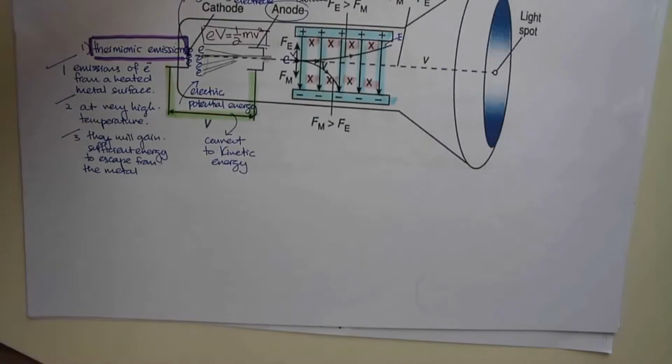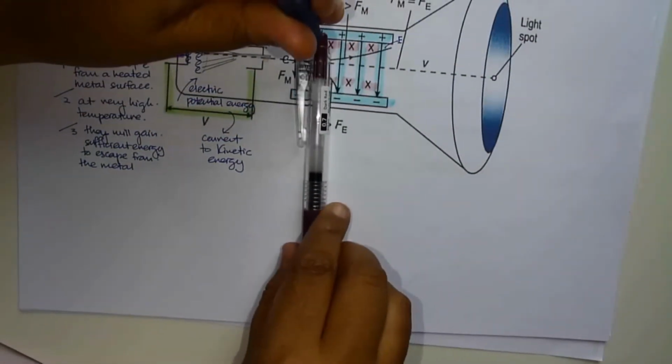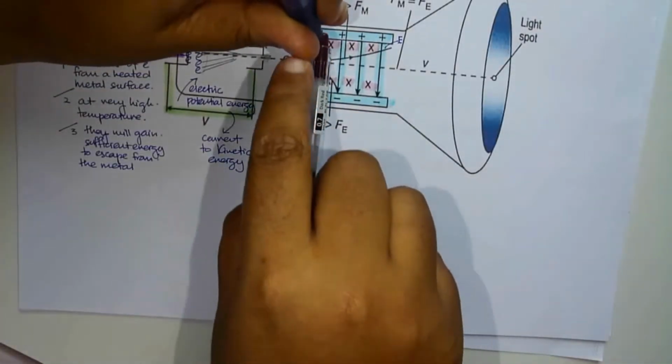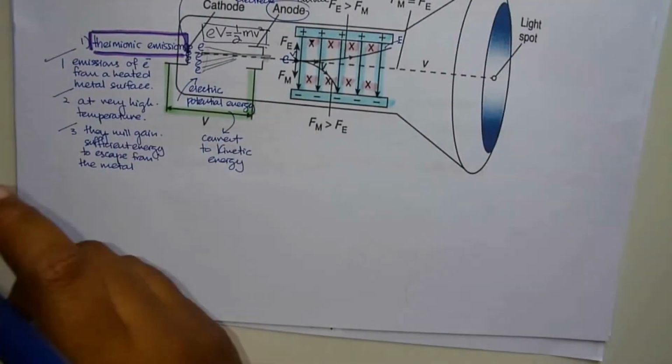So if this is the magnetic field into the page and the electric field is in this direction from the positive to the negative, then we say they are perpendicular to each other. So the magnetic field is B.